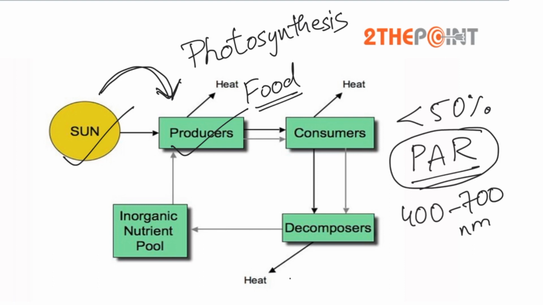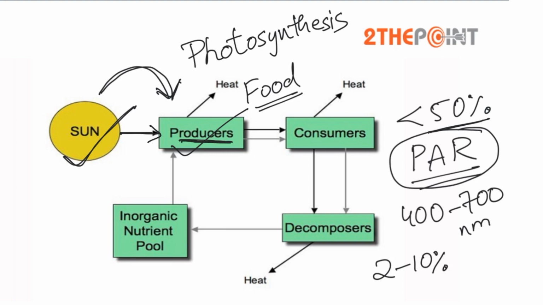And again, of this 50% of power that we receive, plants are able to capture only 2 to 10% of it. That means only 2 to 10% of PAR, or photosynthetically active radiation, is actually being used by the plants on earth. So this is how the energy from the sun is captured by producers.